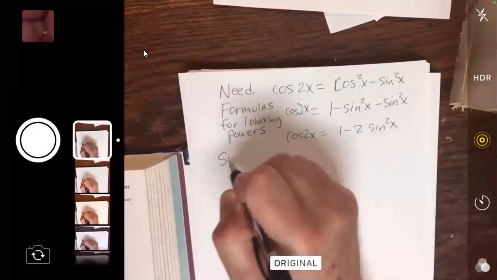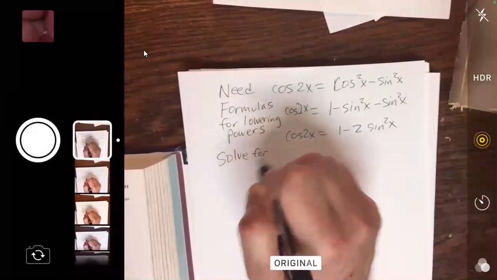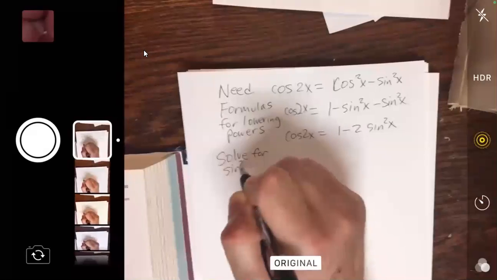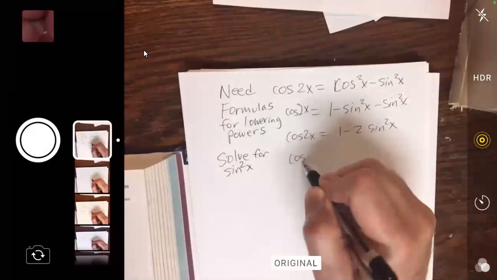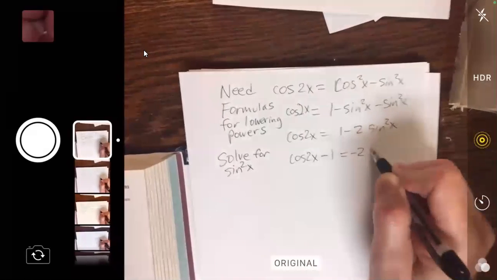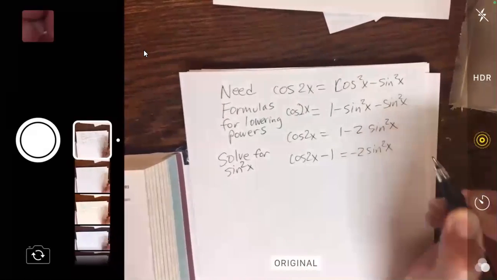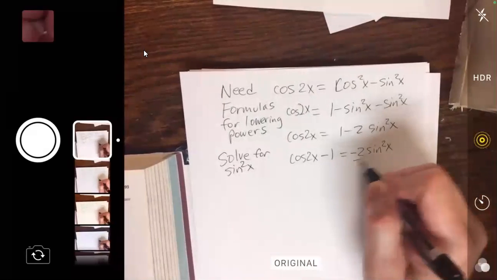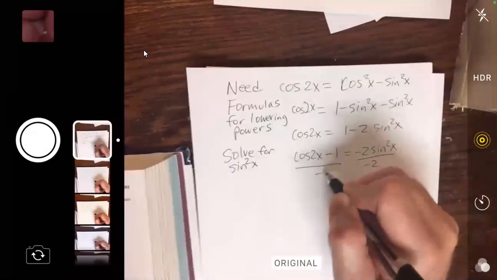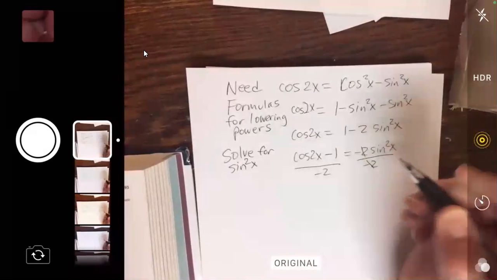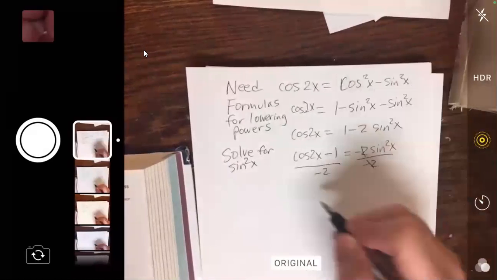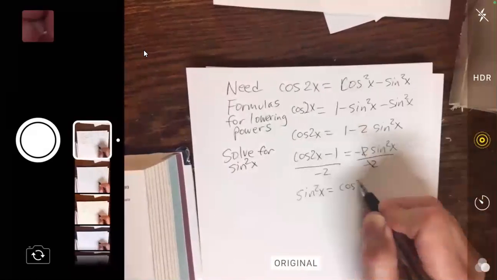Okay, solve for sine squared. Well, you'd have cosine of 2x minus 1 is negative 2 sine squared. Divide by negative 2. Cosine of 2x minus 1 over negative 2.